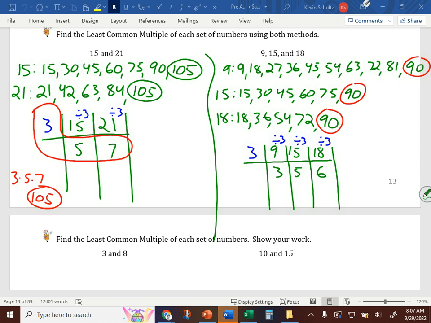Now, here's another difference between greatest common factor table method that shows up when you've got 3 or more numbers. I can't do anything with all 3 of them, but what can I do with 2 of them? Anthony? Josie? I can multiply 3 times 5 times 6.